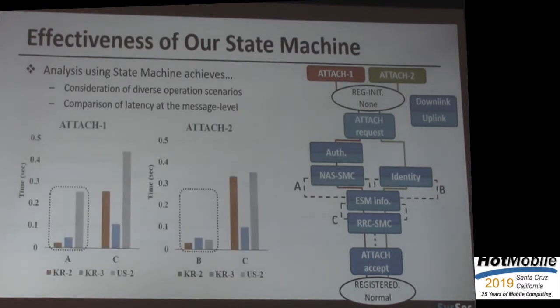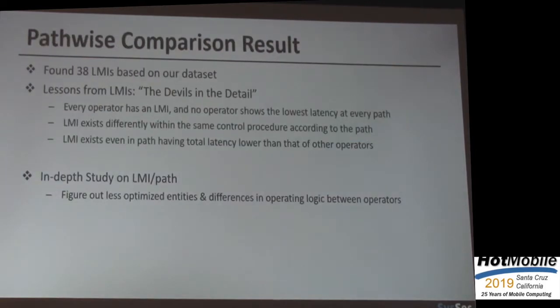And second, fine-grained comparative analysis provides the ground truth so that we can easily figure out the bottlenecks at interval A in the US2 operator. Therefore, our design helps the analysis to demystify a hidden performance degradation point while considering operation scenarios. And with the pathwise comparison, we found 38 LMIs.